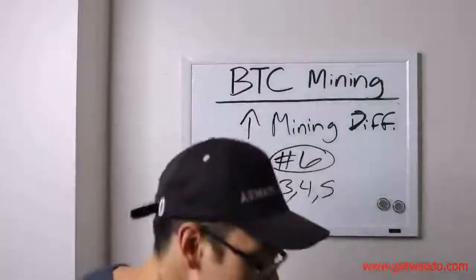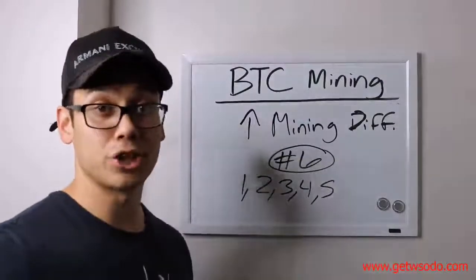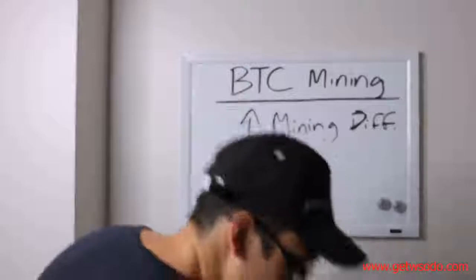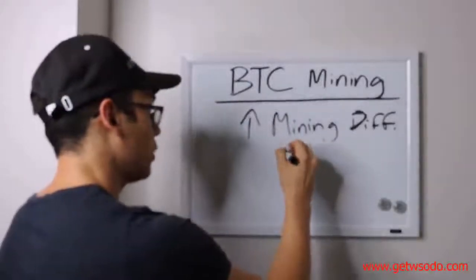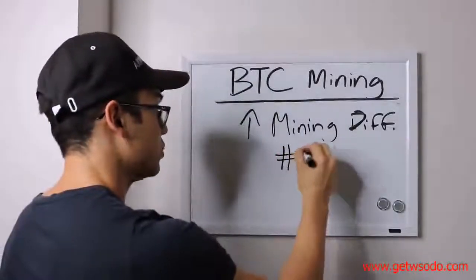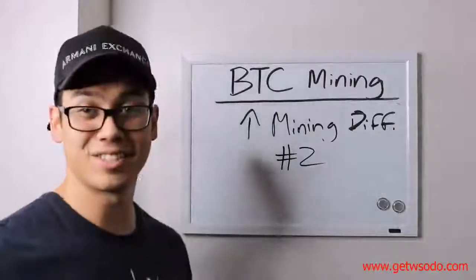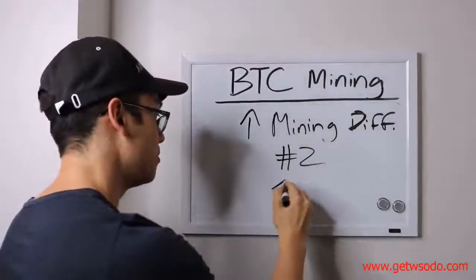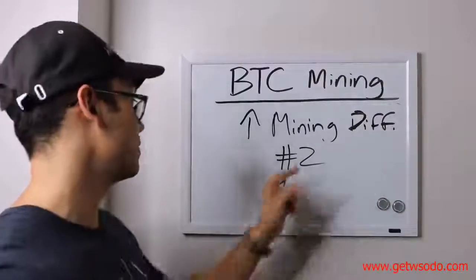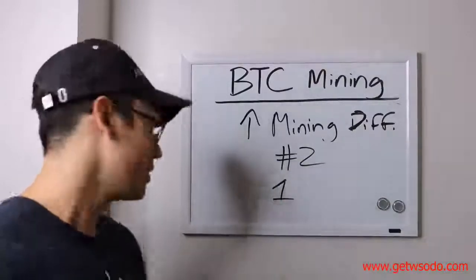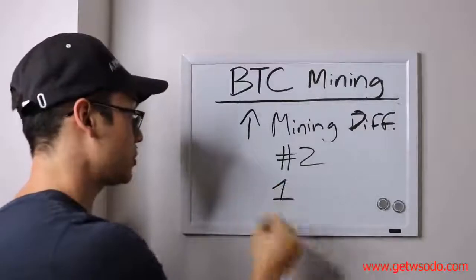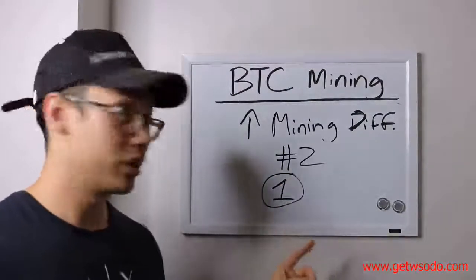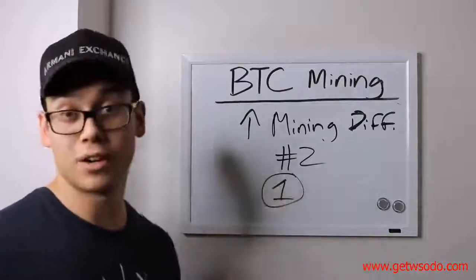But let's just say more computers come into the network and try to mine. What does the Bitcoin network do? It says you have to roll a 2 or below. So this is making difficulty extremely hard, because now each computer has to roll a 1 in order to solve the equation.